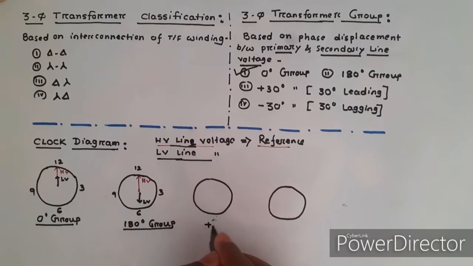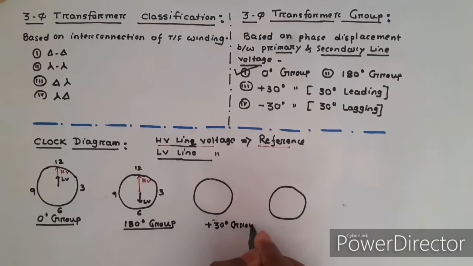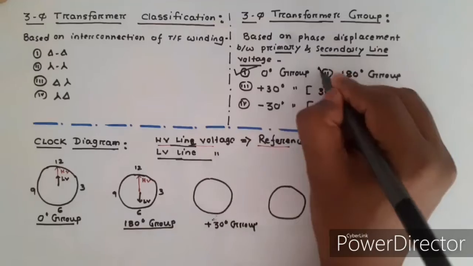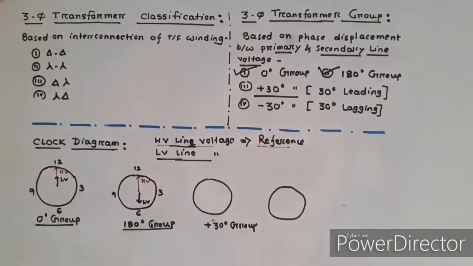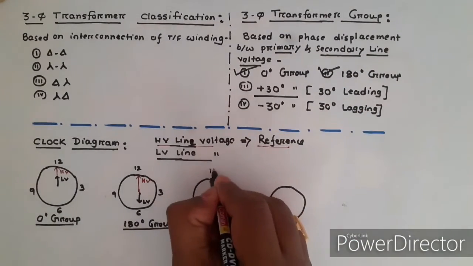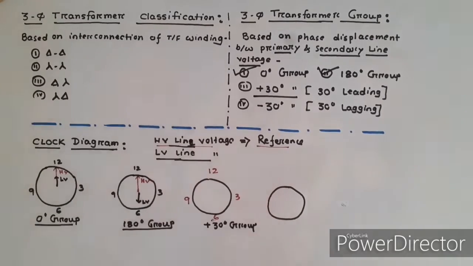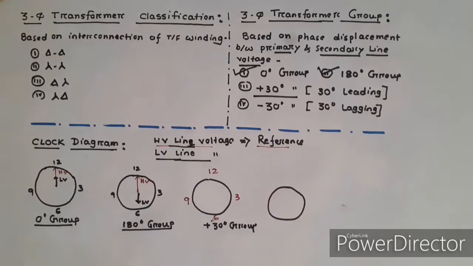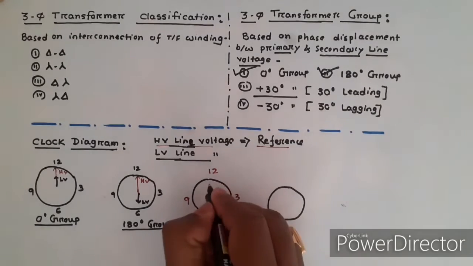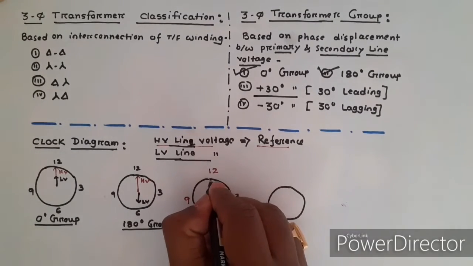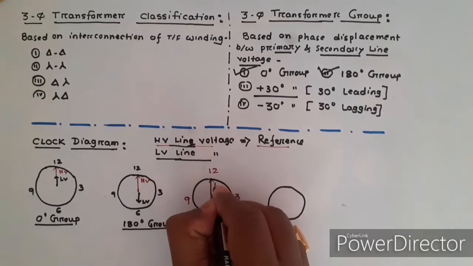Here, the plus 30 degree group. It is 12 o'clock, this 3, 6 and this is 9 o'clock. Again here, the HV line voltage is the reference. It is directed along 12 o'clock.